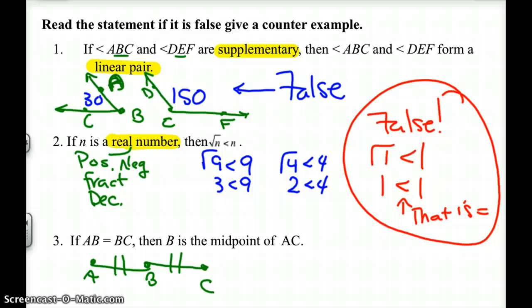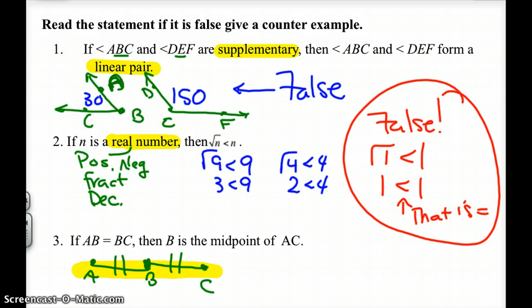I don't know how you can draw this any differently so that B is not going to be in the middle. I mean, if it's going to make those two pieces equal, B is always going to be in the middle. It doesn't say they have to be collinear, that they have to be in a straight line, do they? It doesn't say that at all.